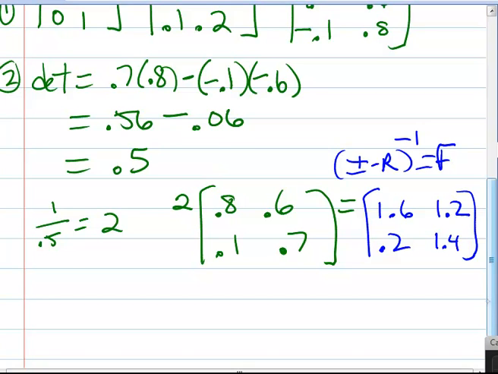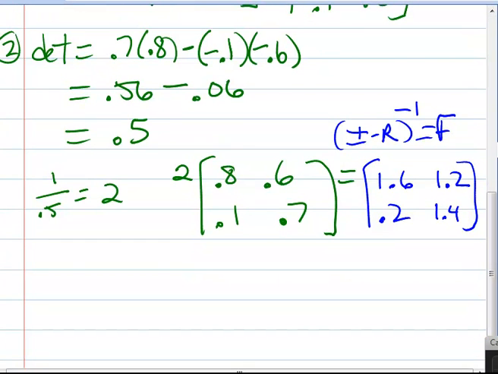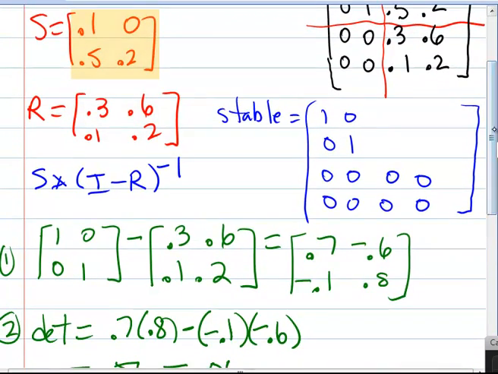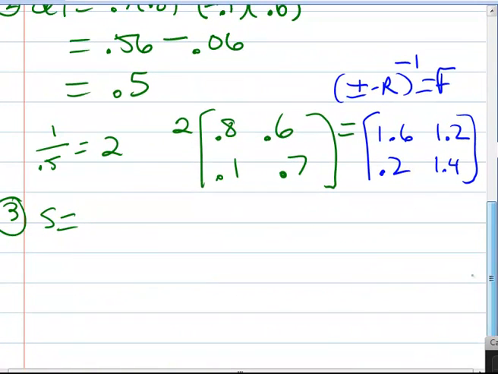Now the last step is to multiply that by S. So one multiplication and I'm done. The matrix S that I identified back up here, let's take a look at it. It's 0.1, 0.5, 0.2.